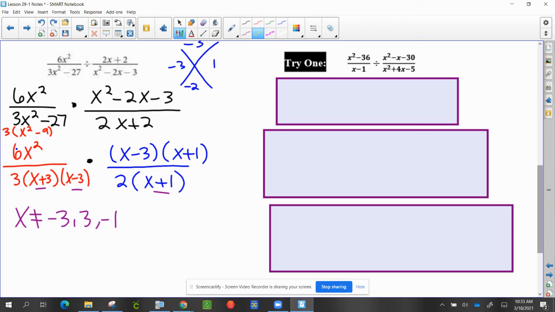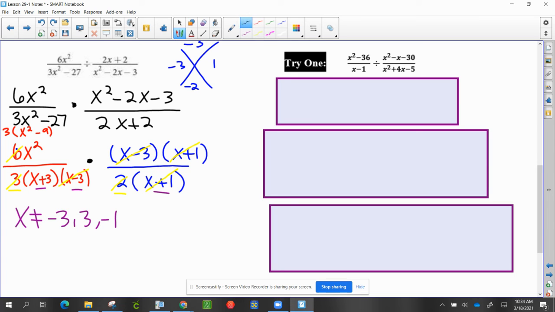Now let's cancel out what we have in common. I see x plus 1s on top and bottom. Cross those out. x minus 3s on top and bottom. Now look at our values here. 3 times 2 is 6, which cancels with the 6 that's on top.